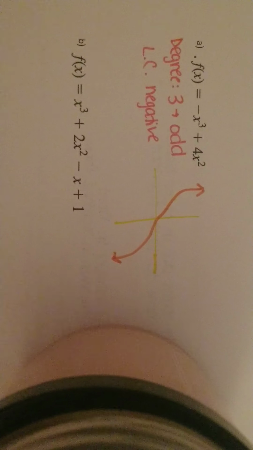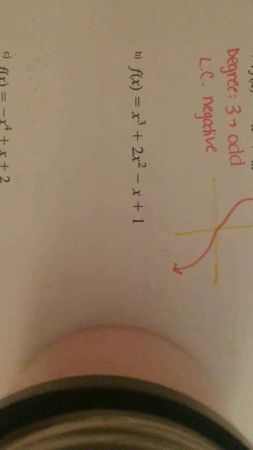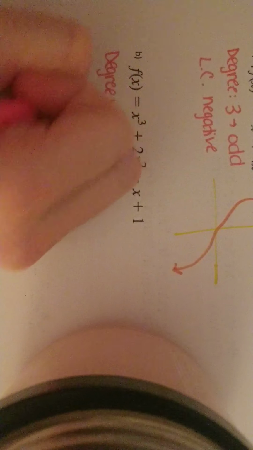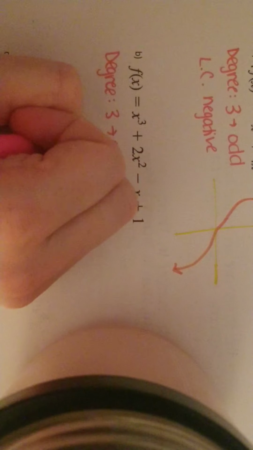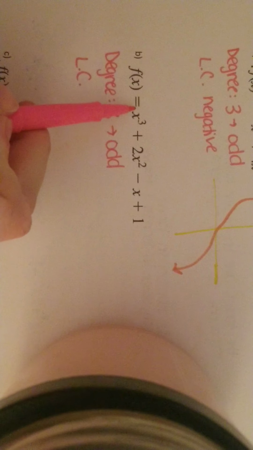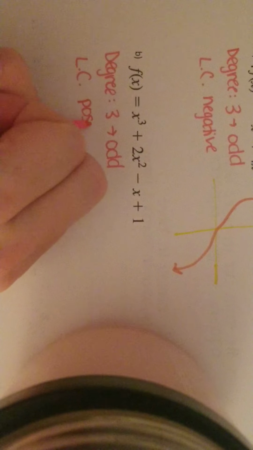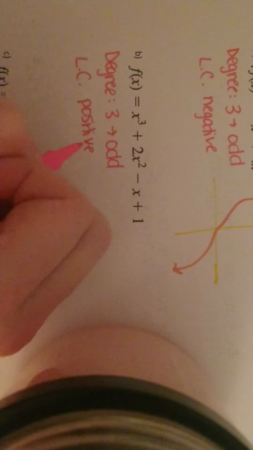So let's do the next one, letter B. All right, so we start with our degree. And our degree in this case, highest exponent is 3, which again is odd. And our leading coefficient, in this case, is a positive because there's no negative there. So we want odd and positive.